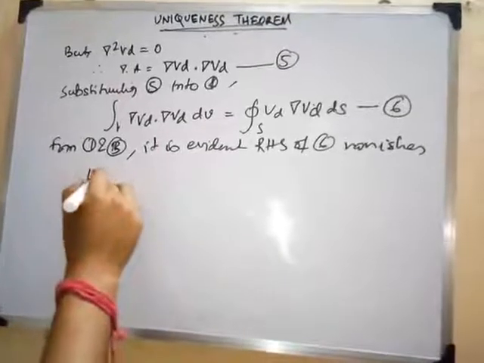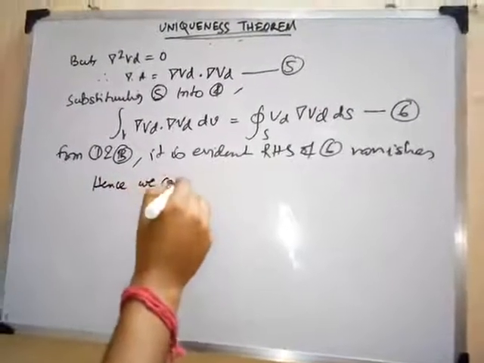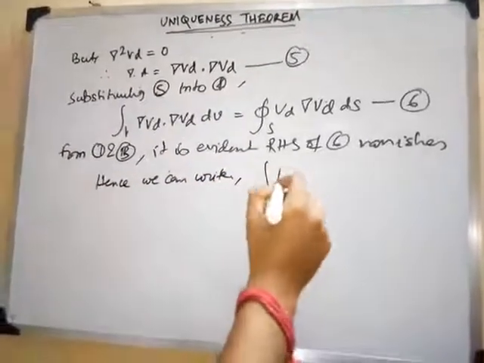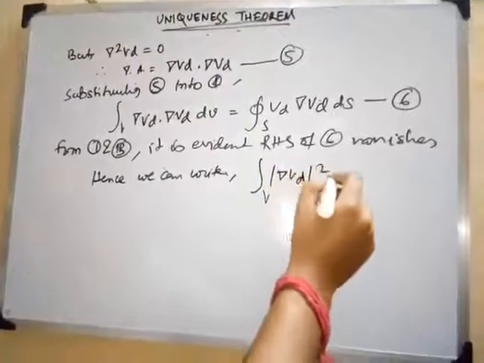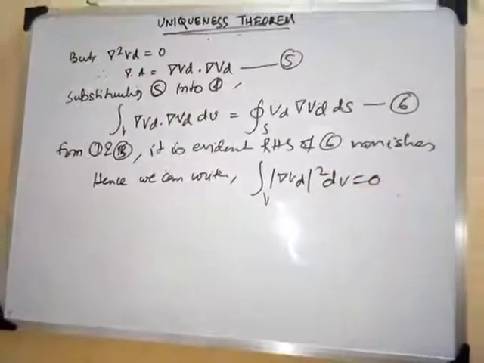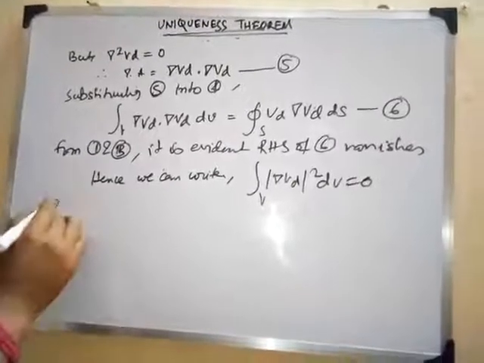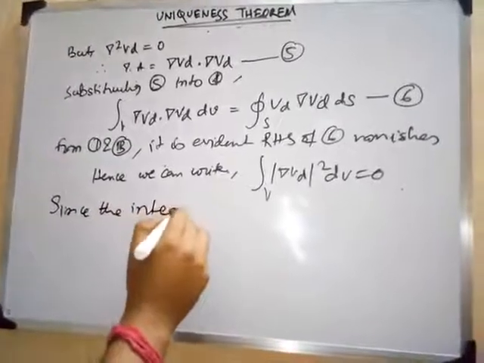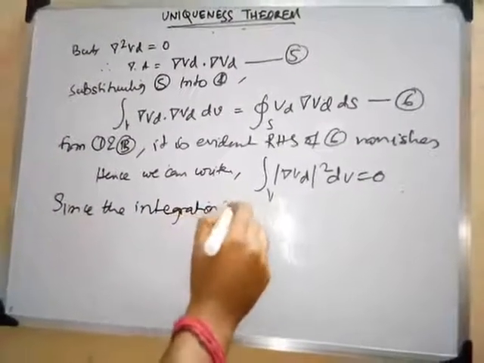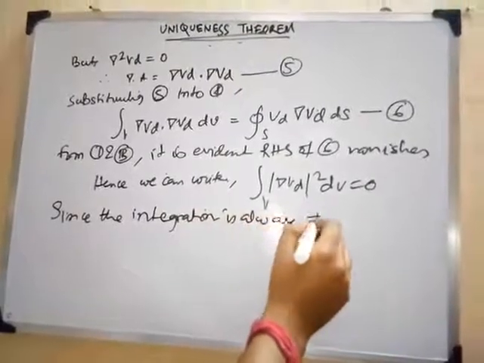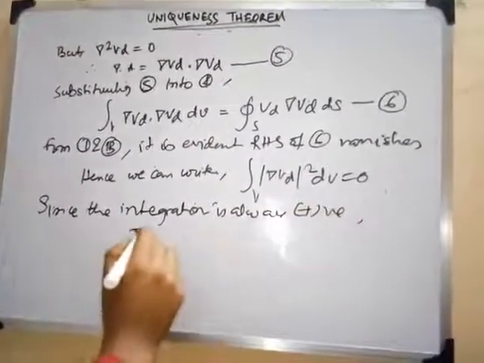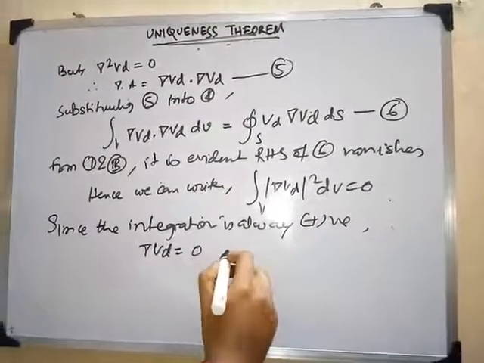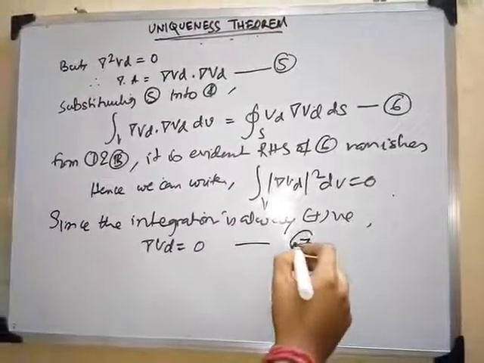Hence we can write the volume integral of (del Vd) square dv is equal to 0. Since the integrand can only be positive, we can write del Vd equals 0, and we consider it as our equation 7a.